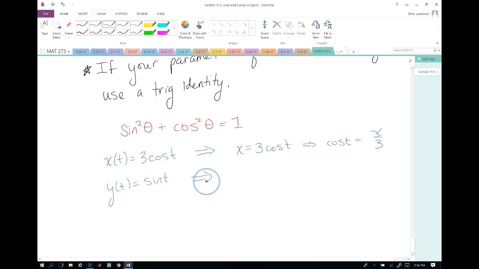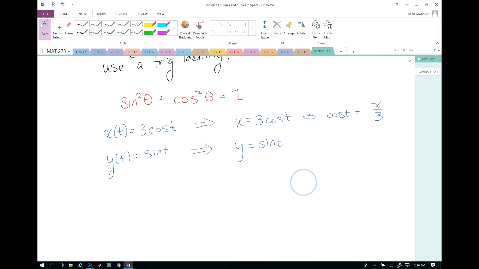And then when we drop the function notation, we have y equals sine of t. So sine of t is equal to y. So we're allowed to replace sine and cosine in that trig identity with what we have figured out they are equal to in terms of x and y. So sine of t is equal to y, which means I'm going to have y squared, because the trig identity says to square it. And then cosine is equal to x over 3, so I'm going to have (x over 3) squared equals 1.